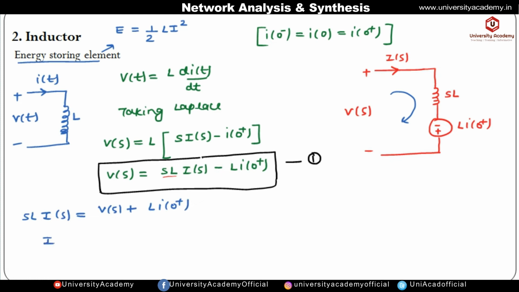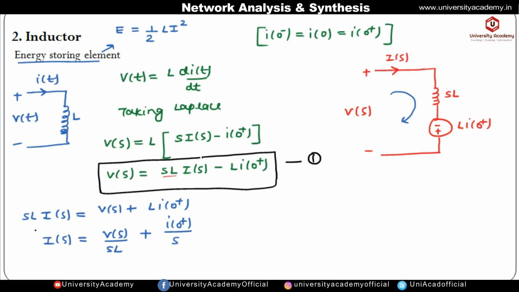So let us find the value of I of s. It is given by V of s by sL, plus I of 0 positive by L, which will get cancelled out, so it will be equal to I of 0 positive by s.